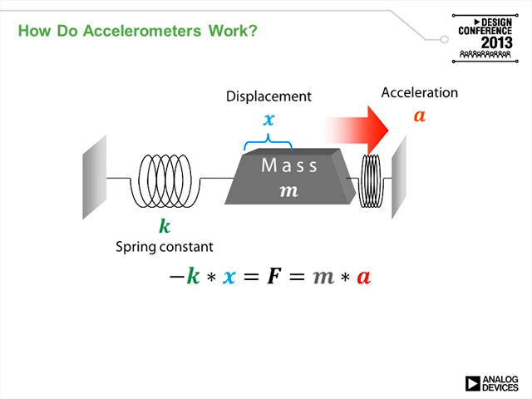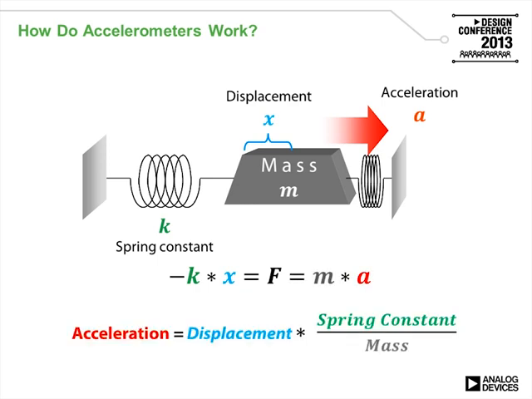If we make those two things equal to each other, rearrange some terms, forget a minus sign, we find that the acceleration is indeed proportional to the displacement of the spring, and the proportionality constant is, well, constant. It doesn't change once you've fabricated your accelerometer. So for us, that's a good thing.